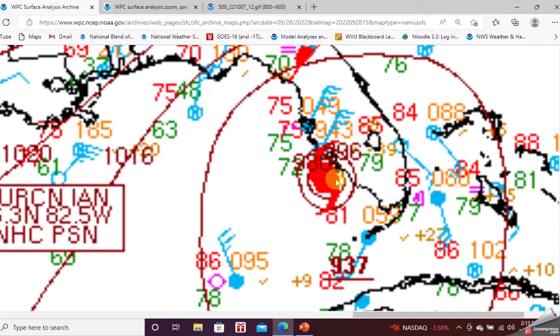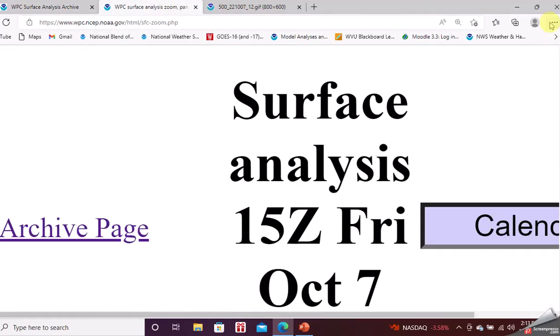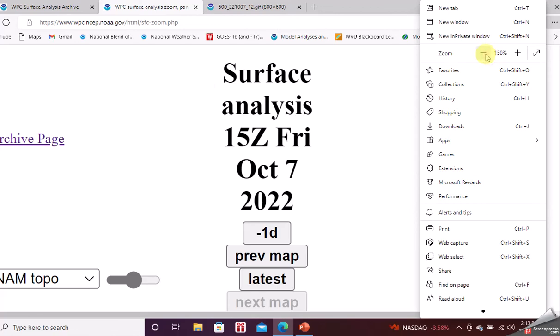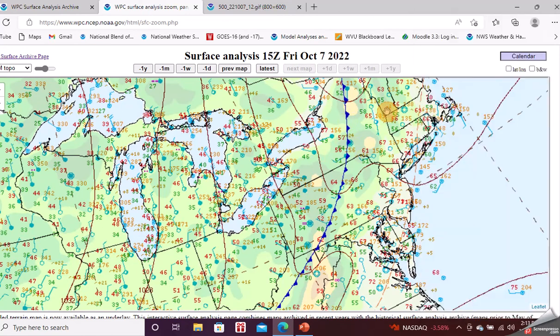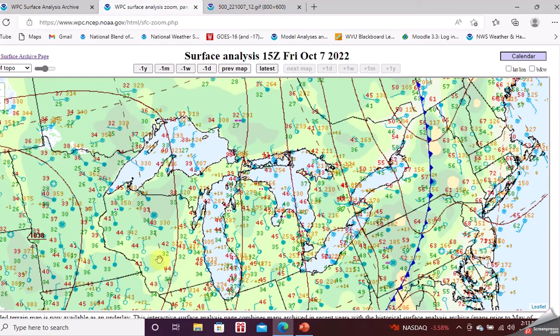Now, take a look at today's analysis. We're going to jump back out of this, back to normal. Here we have today's analysis with a low pressure, 1,008 millibars. We have a high out here, 1,038 millibars.